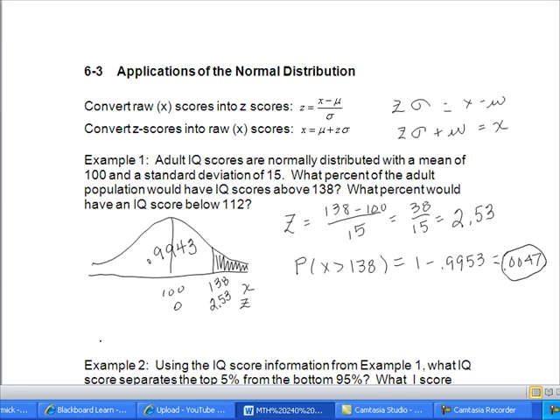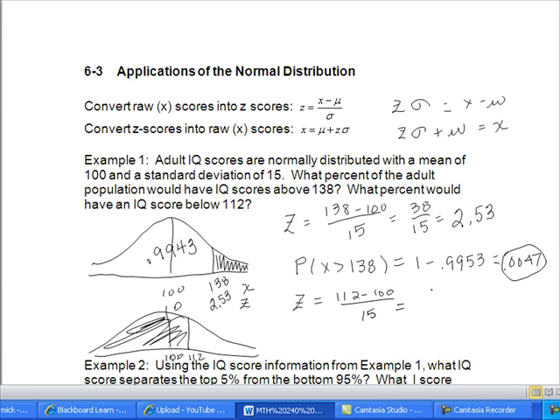Okay, our second question. What percent would have an IQ score below 112? Okay, here's 112. We're looking below, so we want to shade to the left. So again, we have to find the z-score: 112 minus 100, divided by 15. So that's going to be 12 divided by 15, which is 0.8.